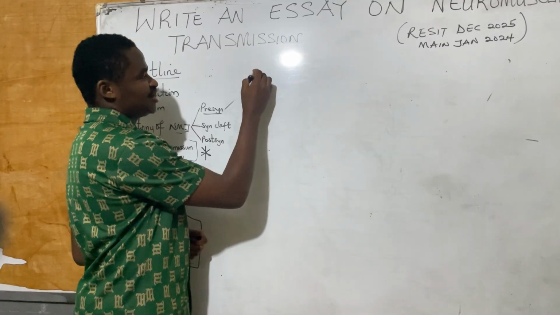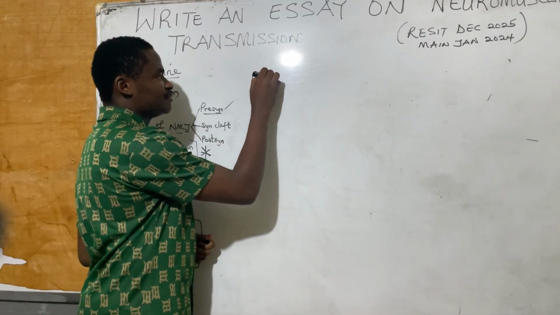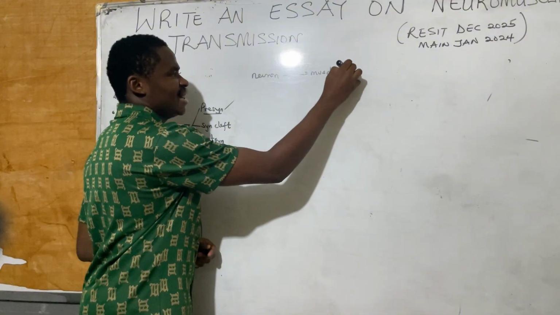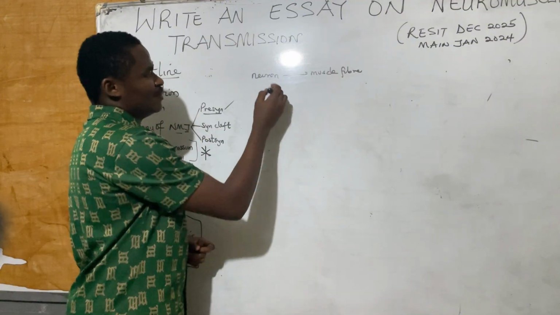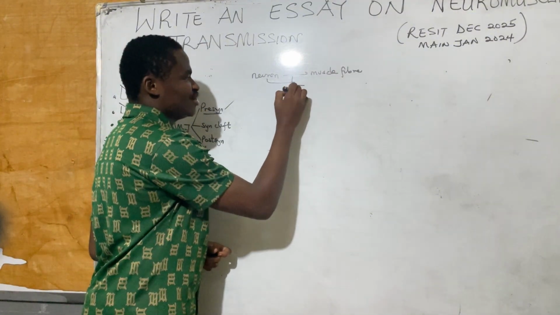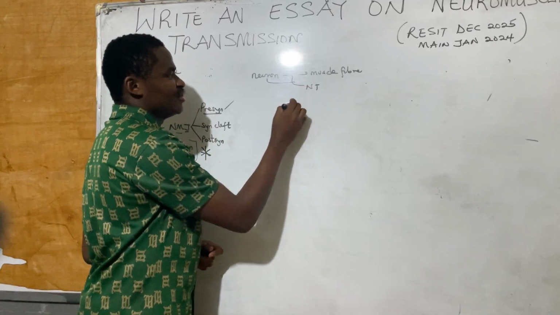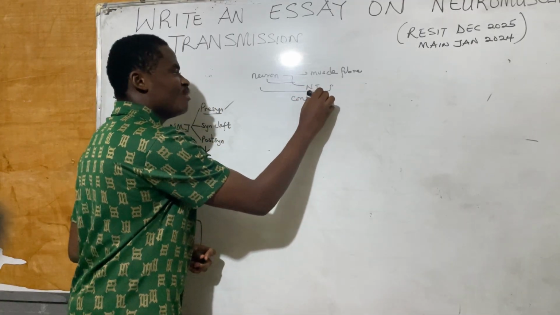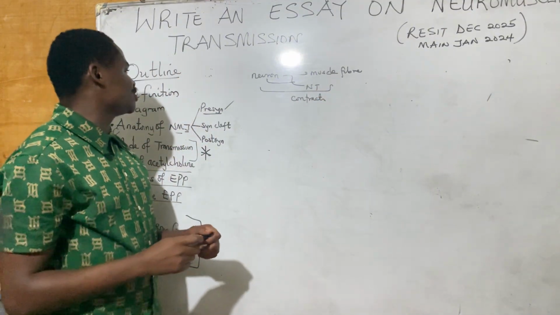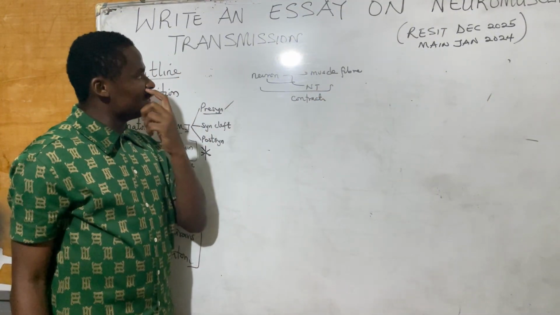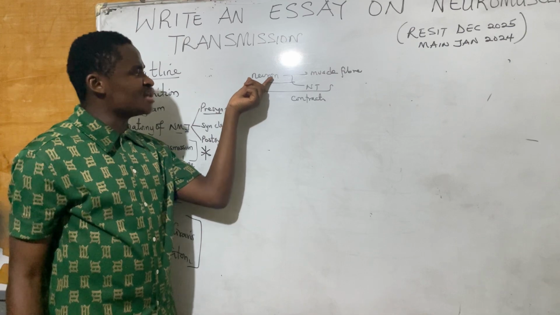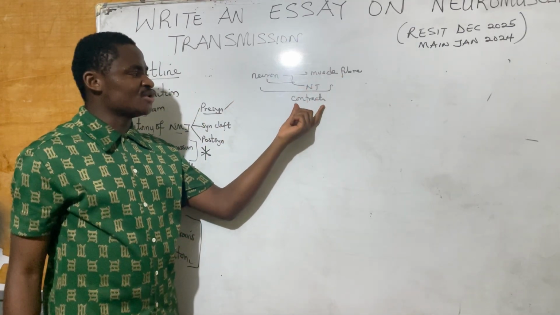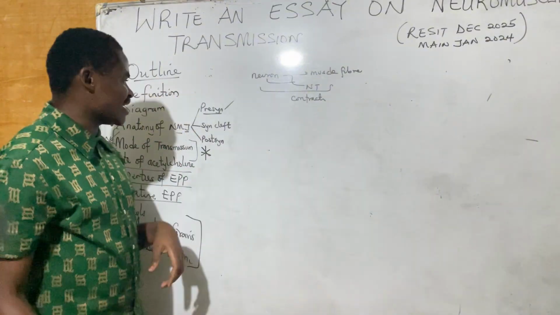It is the communication between a neuron and a muscle fiber, with the release of a neurotransmitter, for the sole purpose of muscle contraction. What a beautiful way to make an introduction.